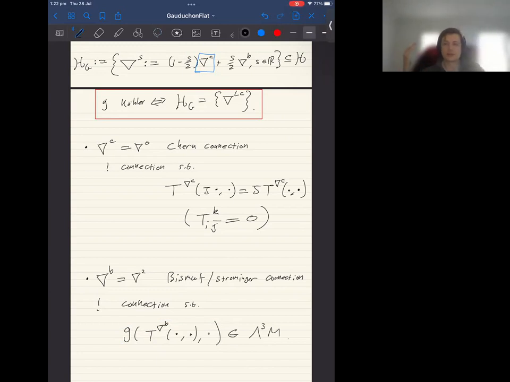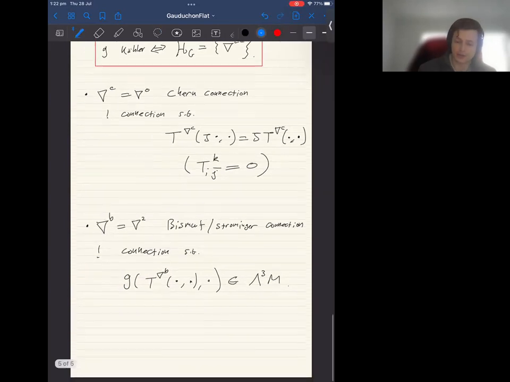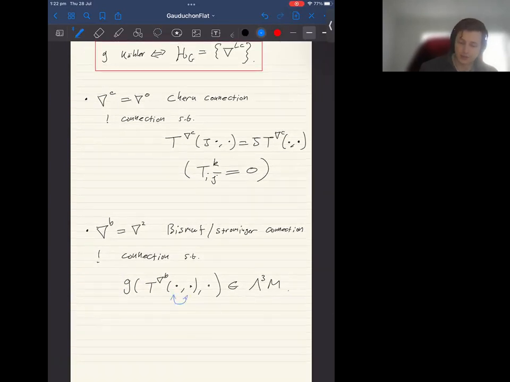So we ask this tensor to be totally skew-symmetric. Now, a torsion tensor is already skew in these two components. Generally for any connection, T(x,y) is always minus T(y,x). But it's not necessarily skew in these two. And the Bismut connection is the unique connection in H such that this is satisfied.